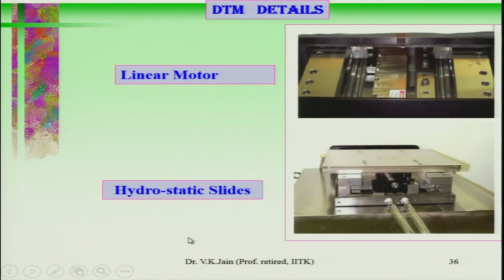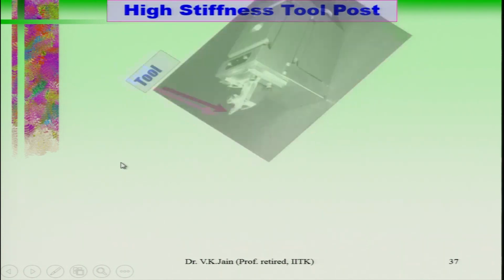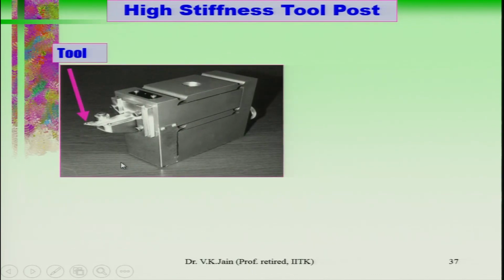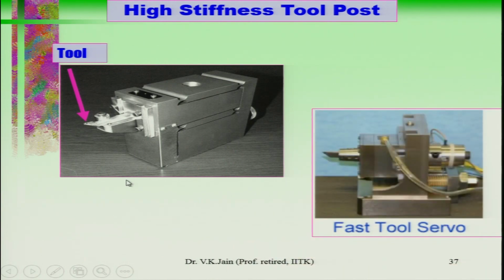You can use a linear motor over here, and hydrostatic slides are there. Now, it clearly shows the tool with the diamond tip, the rest of it is the shank made of metal, and this is the tool shank holder. A fast tool servo is used.